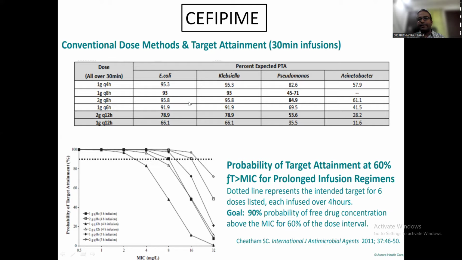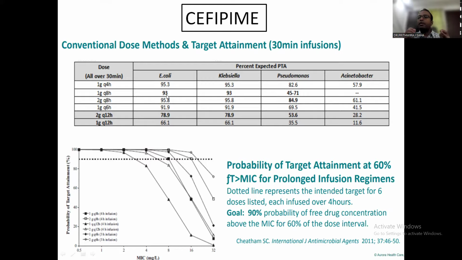So this is the maximum killing when you increase the dose and increase the frequency from 12 to 6 hourly. You increase 2 gram BD to 2 gram TDS, and you see the percentage change from 78.9 to 95.8.